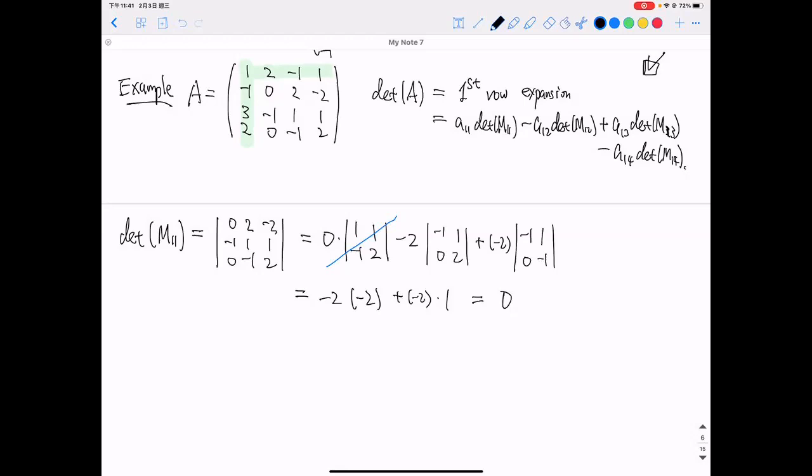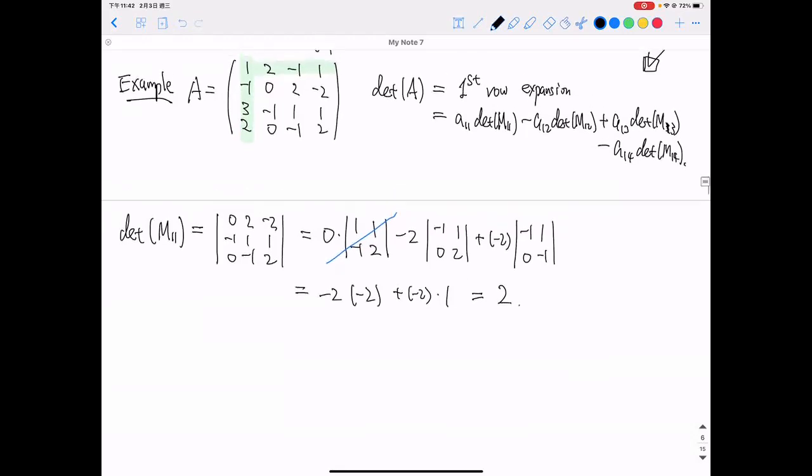Are we sure? No, this is not 0, it's 2, because the first term is a 4. 4 minus 2, that's a 2. It's important to be careful. Now, for M12, what do we need? We need to delete the first row, second column. Oops, not that.